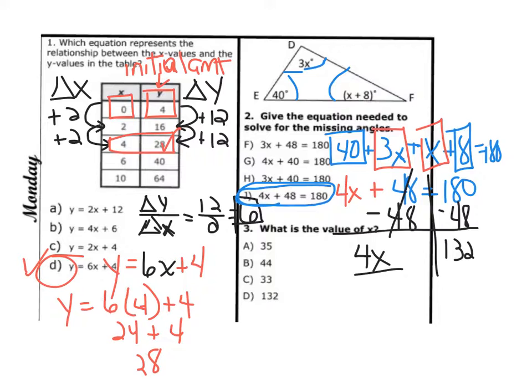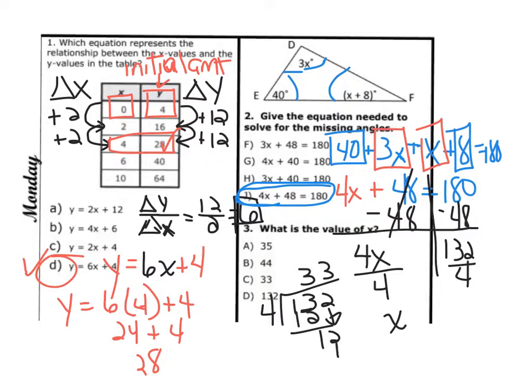We divide that by 4. So 4 divided by 4 is x, and 132 divided by 4 will give us 3, remainder 1, bring down the 2, another 3, remainder 0. So x is equal to 33, and that would be letter C.